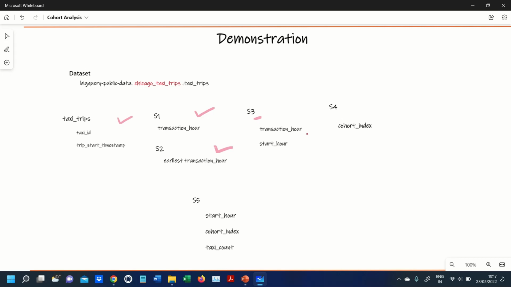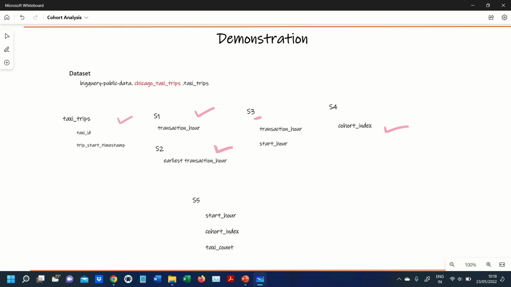Now we need to bring in the cohort index. Cohort index means the subsequent time period. It is not the absolute time period we are measuring for each group. If a taxi has started at 7 p.m., its cohort index for 8 p.m. is 1.